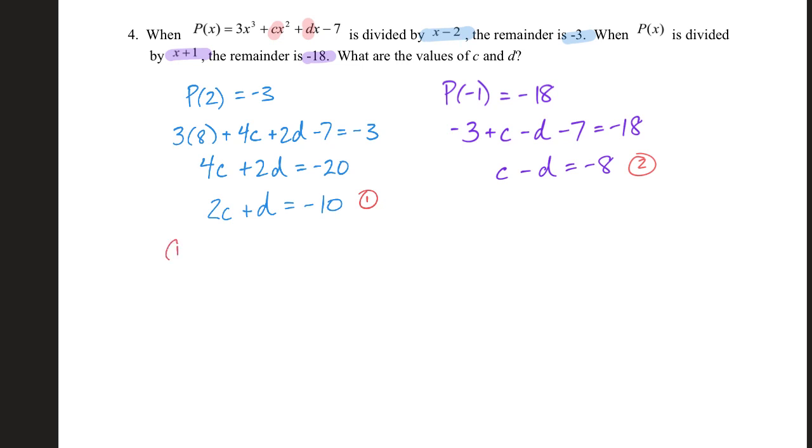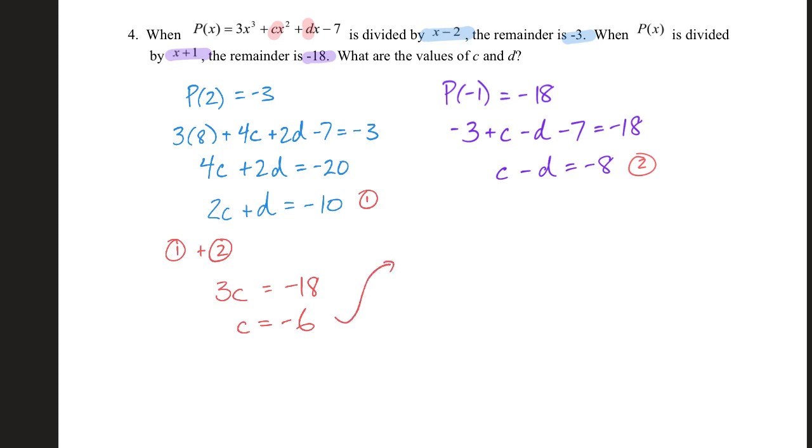And so if I took equation 1 and I added it to equation 2, then I'm going to eliminate my d's. 2c plus c is a 3c. A positive d plus a negative d wipes them out. Beautiful. Negative 10 plus negative 8, negative 18, and I can solve that equation quickly.